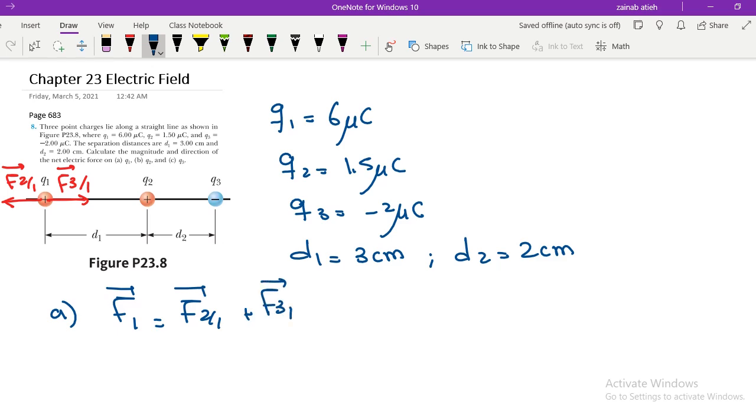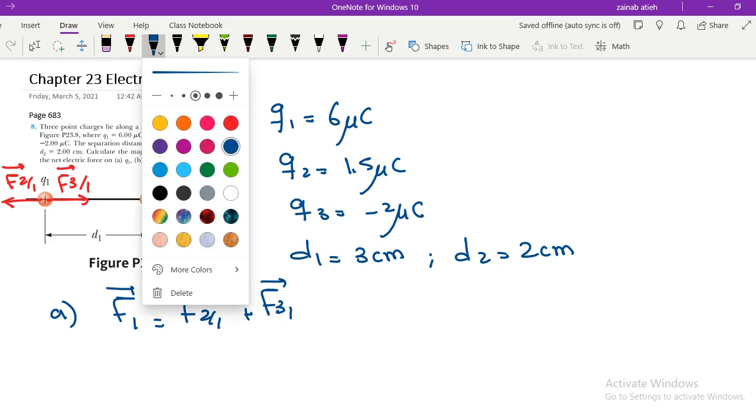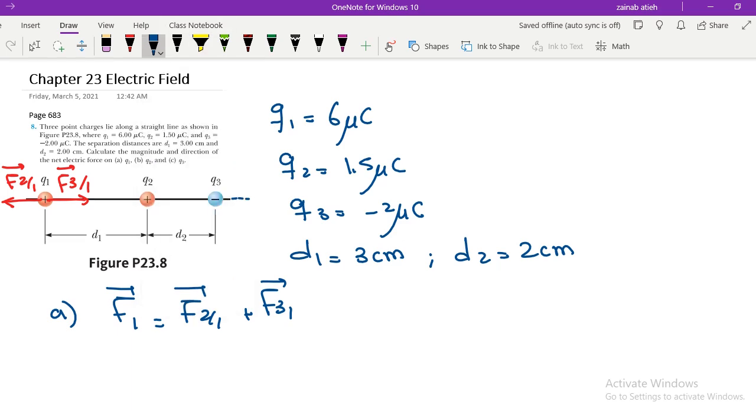Now the first step I always do is write the forces, or the vectors that I have, in terms of I and J. Here you see that the three charges are collinear, so I will take the x-axis like this. I won't need more than the x-axis because all of them are along the same axis.